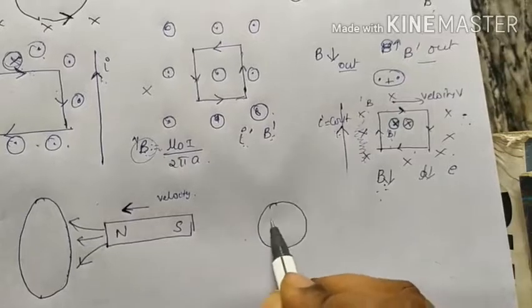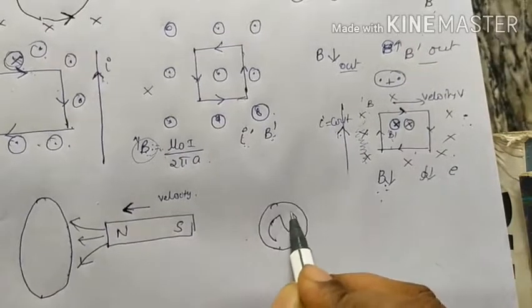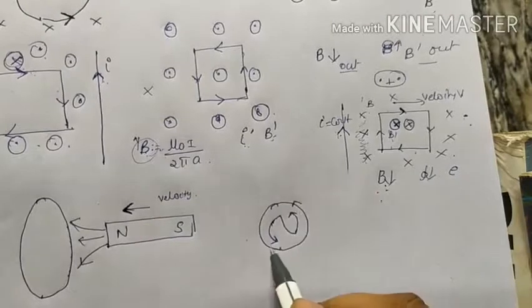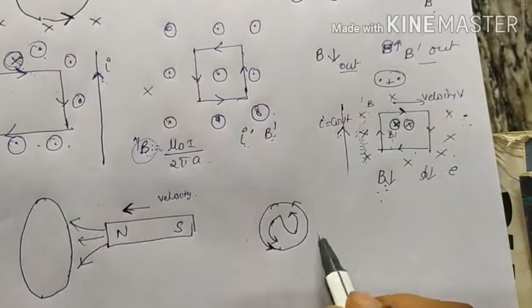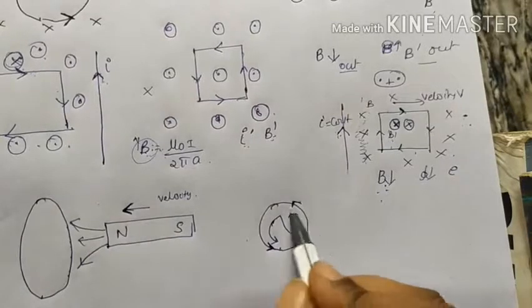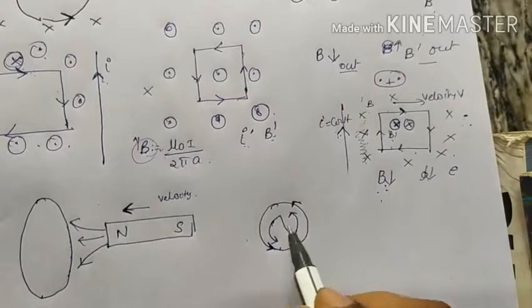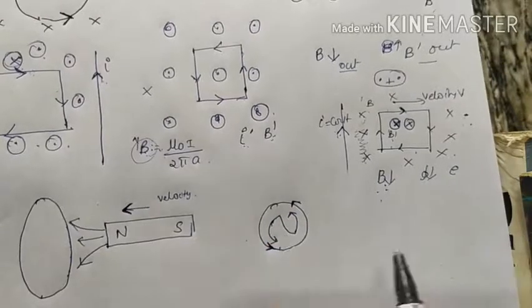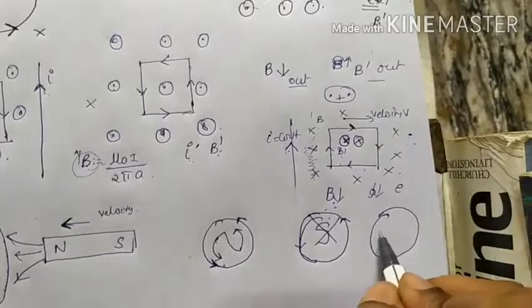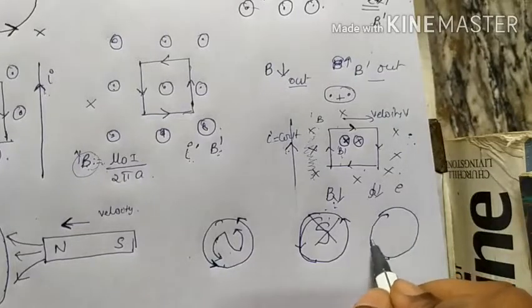I hope you remember north pole, right? Like this, the current flows in this direction. In a current carrying coil, if the current's direction is anti-clockwise, then that facing side acts as the north pole. Similarly, for a coil where the current is flowing in clockwise direction, right?